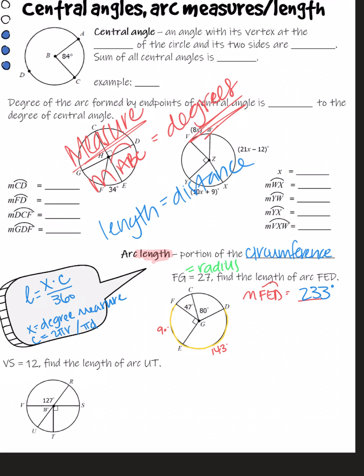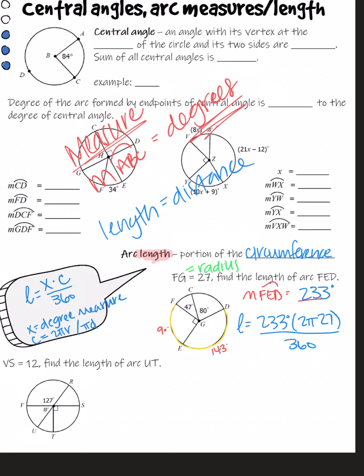So we're going to plug that into our length formula. Length equals the degree measure, 233 in this case, times our circumference, which is 2 pi r. So 2 times pi times our radius, 27, all over 360.